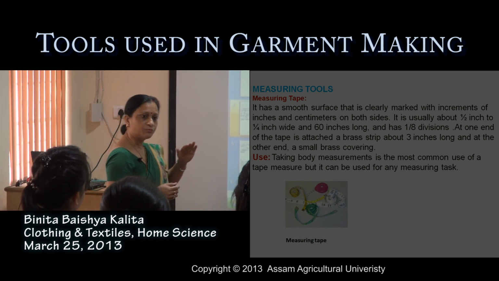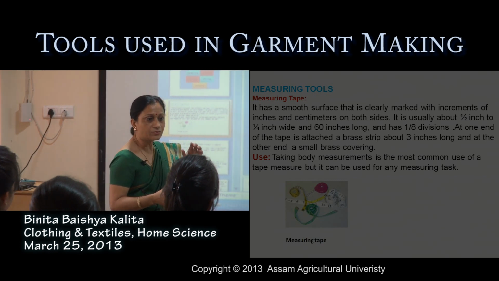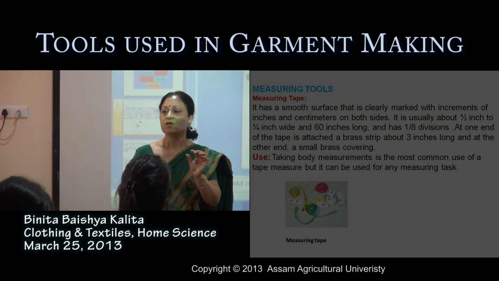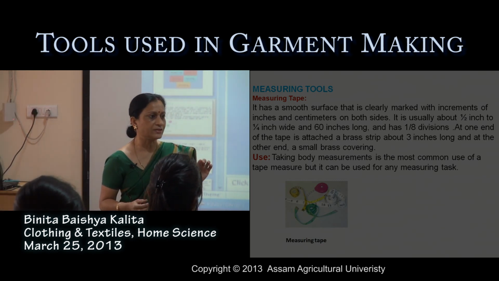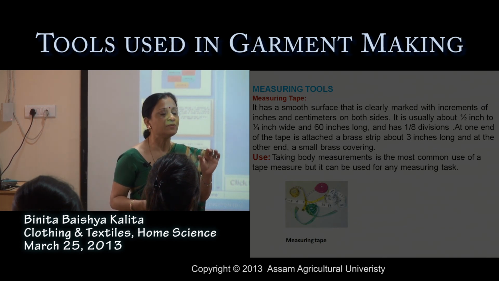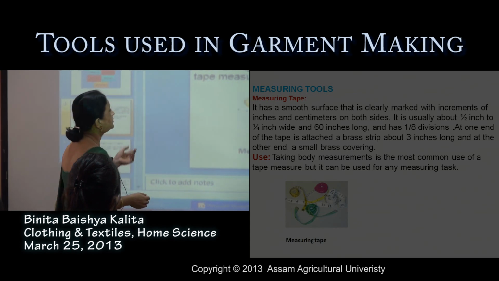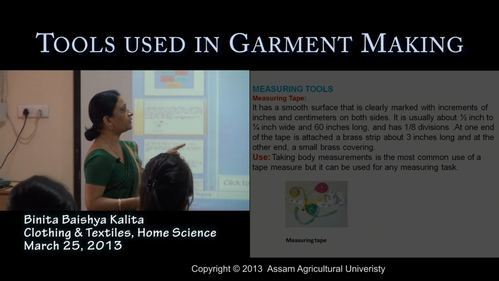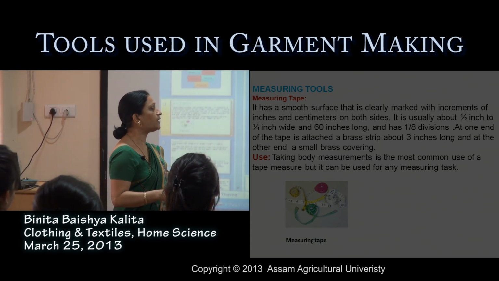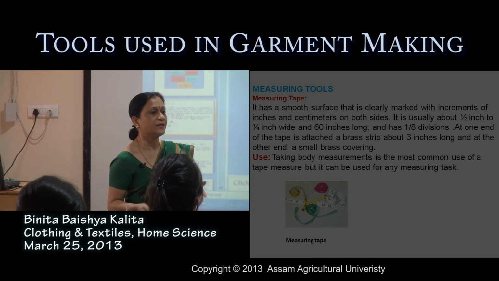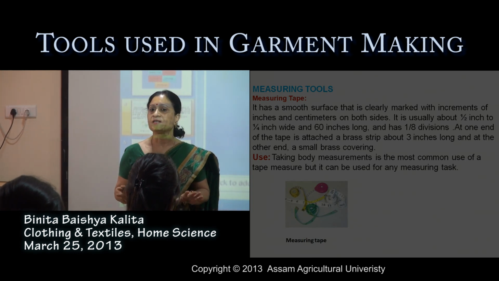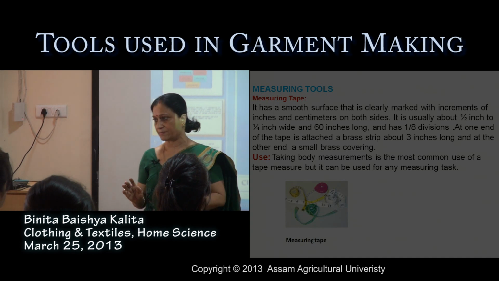On both ends of the measuring tape there will be 2 brass straps attached to protect the tape from spoiling. The measuring tape is used for taking body measurements as well as any tasks related to measurement.